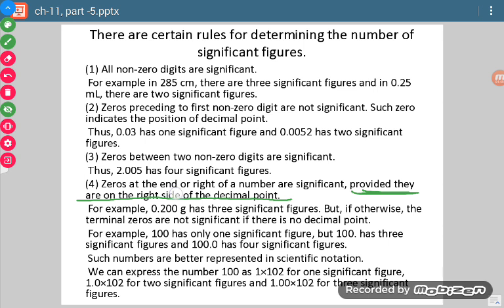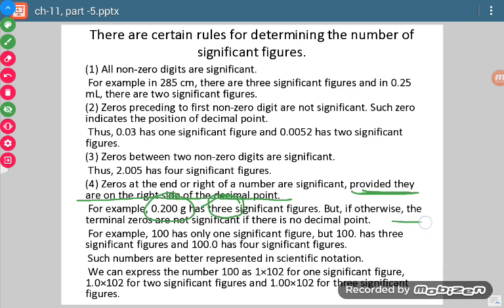Now see in this observation 0.200 gram, 2 is non-zero, and thereafter we have placed 2 zeros. These zeros come after the decimal, so they will be counted and the number comes out to be 3 in this case.